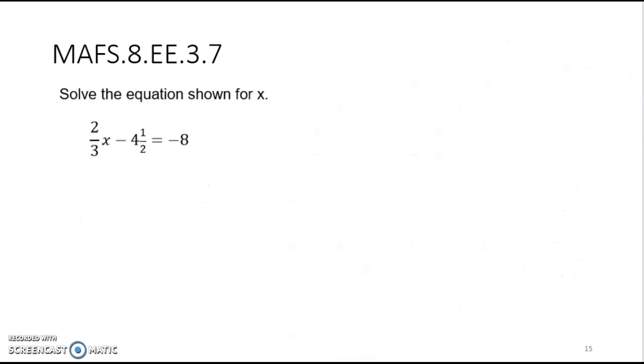All right, it is very important in 8th grade math that we know how to solve the equation for x. So when we're solving an equation, remember, we are trying to get this x by itself. So let's go ahead and move things. So 2/3 x minus 4.5 equals negative 8.